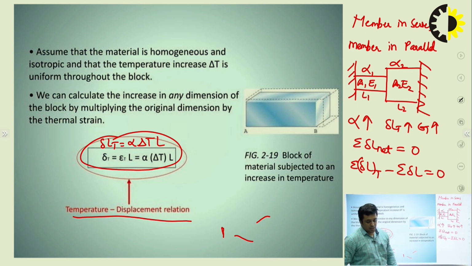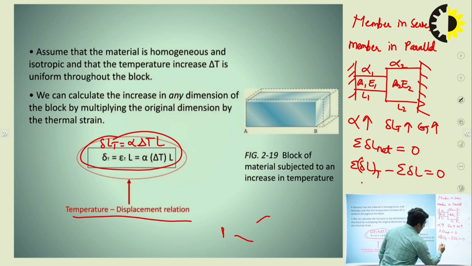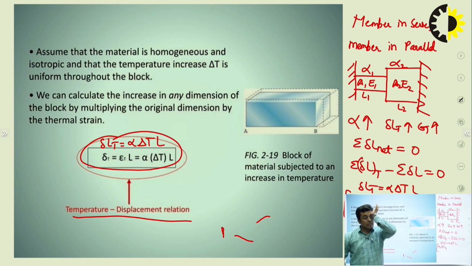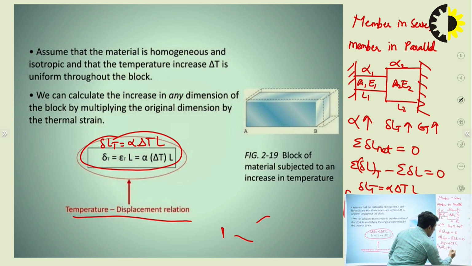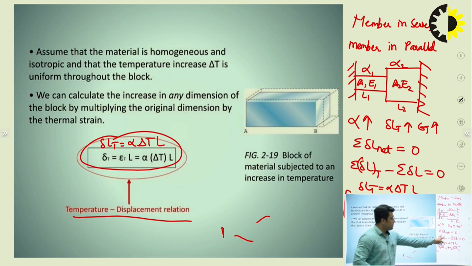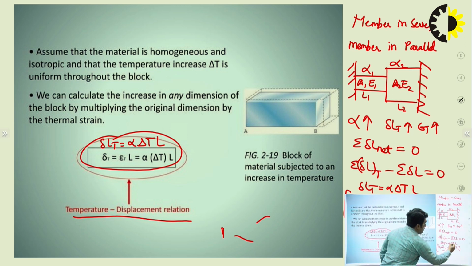We know delta LT is given by alpha delta T L. If we use it here, we write: alpha 1 delta T L1 plus alpha 2 delta T L2, minus P1 L1 upon A1 E1 plus P2 L2 upon A2 E2, equal to 0.